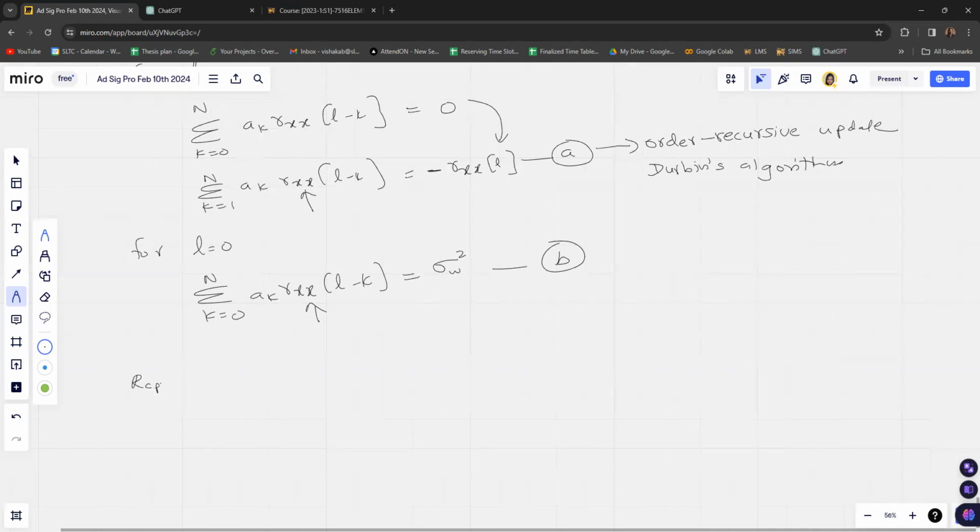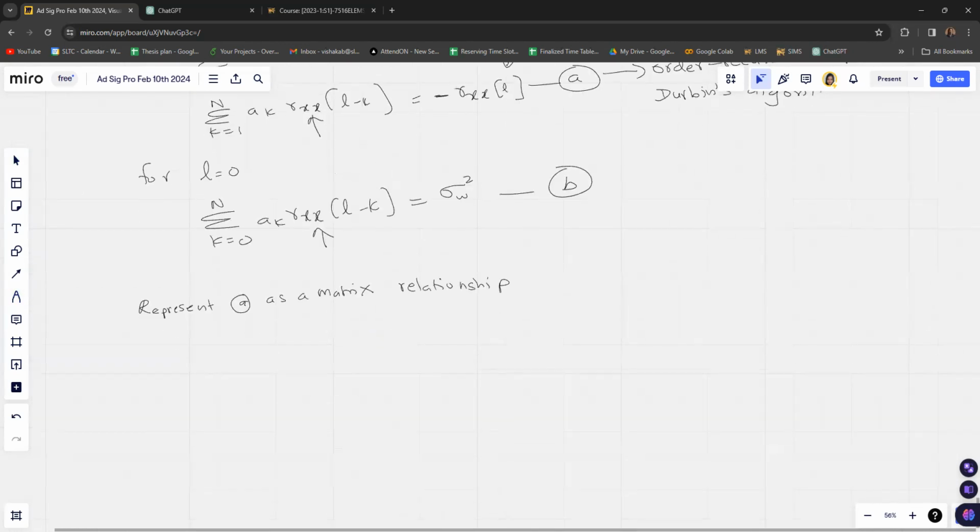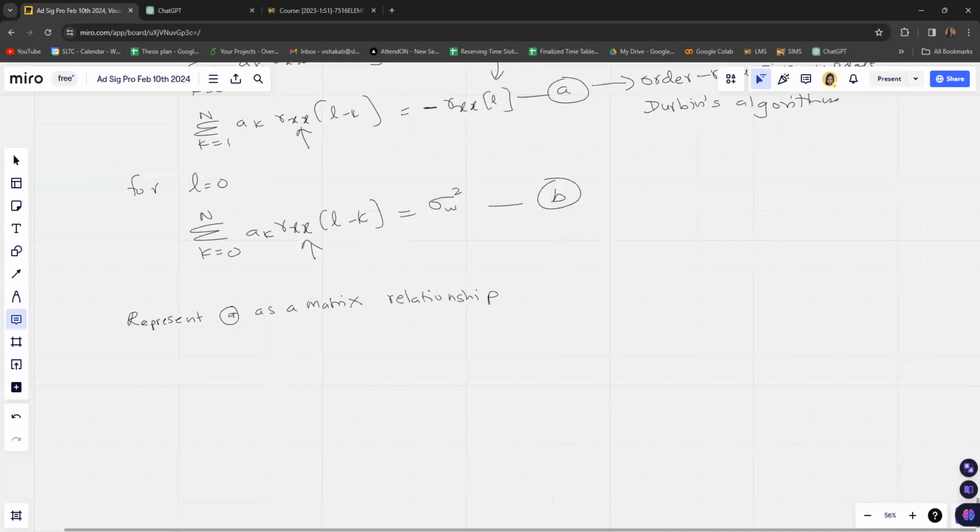We can represent this by considering L equals 0, right?